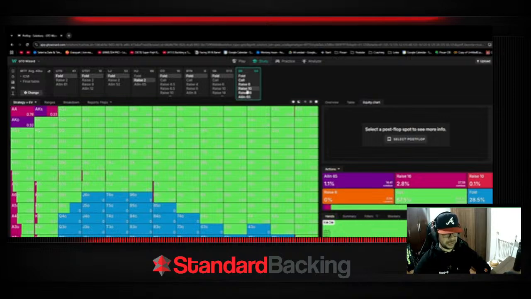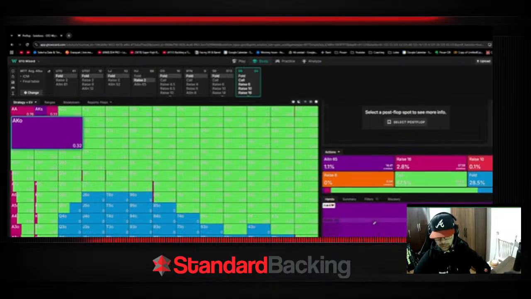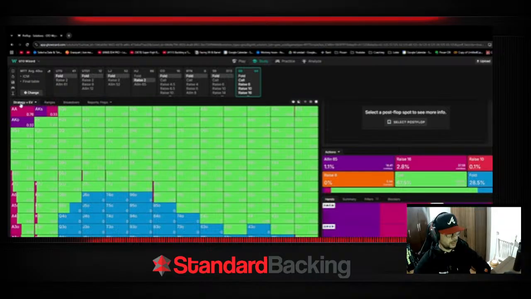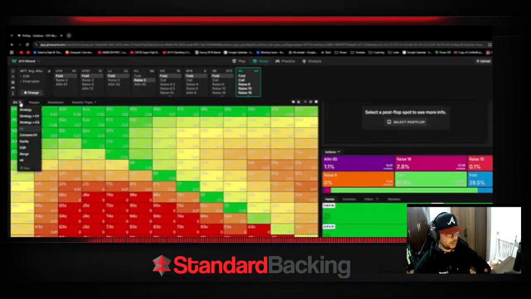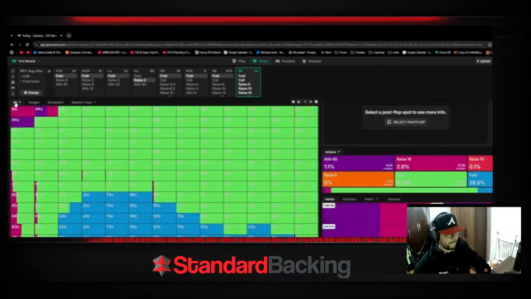Just having like a 65 all in, and we can see how much EV, for example, 0.33, but let's see on money. Sorry, here. 0.32.